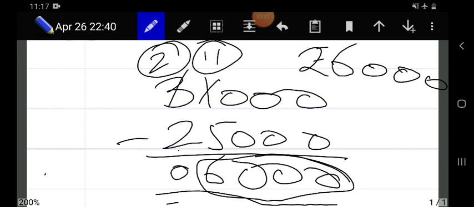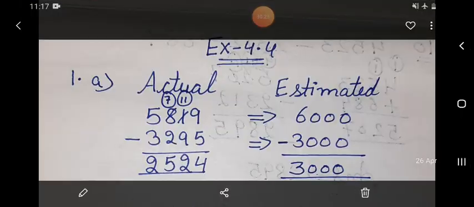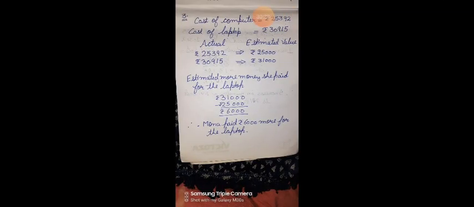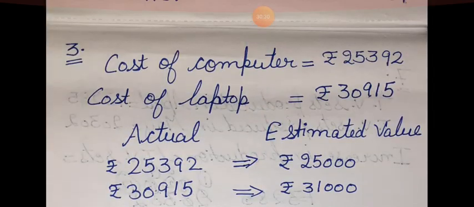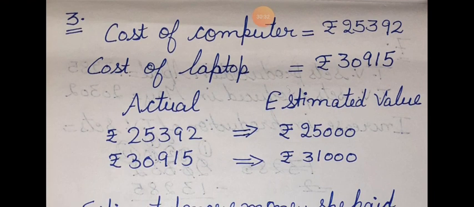So this is how you are going to solve the question. I'll also show you how to do it in the notebook. This is how you do it in the copy: cost of computer, cost of laptop, actual and estimated values. As you can see, I have put the rupee sign here also. Actual 25,392 will become 25,000 and 30,915 will become 31,000.